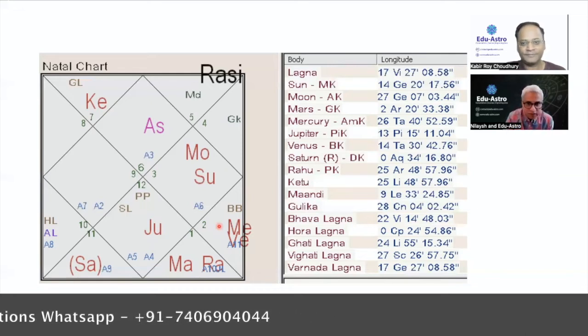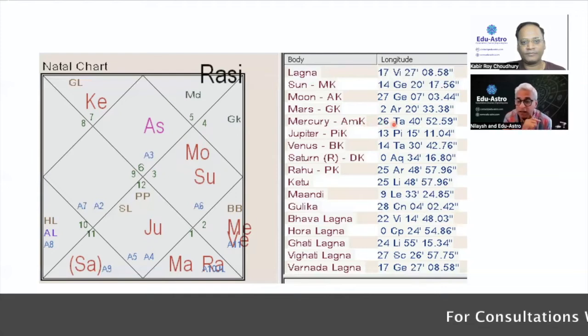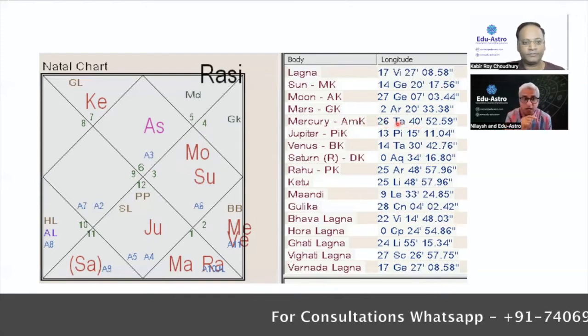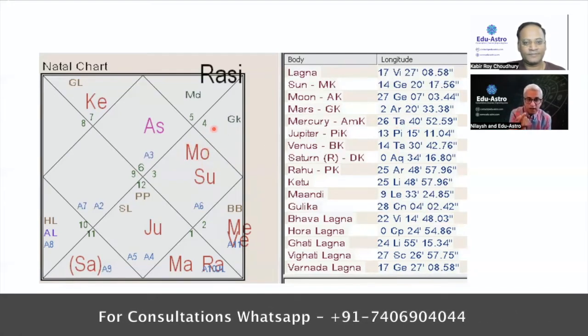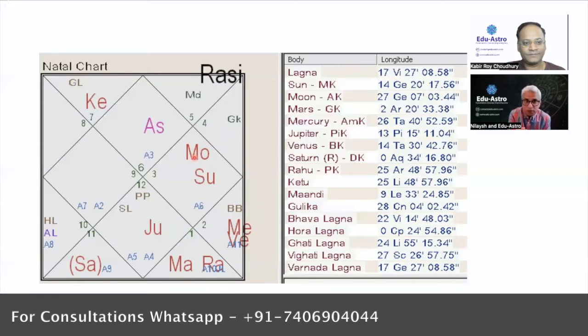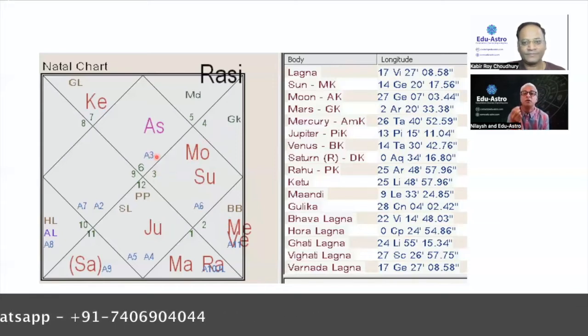Now, if you see the moon degree, the moon is at about 27 degrees. Who is the closest here? Mercury is at 26 degrees 40 minutes. It's very close, very close. So the moon is the 11th lord, and Mercury, being the Lagna lord, is closest to the moon.